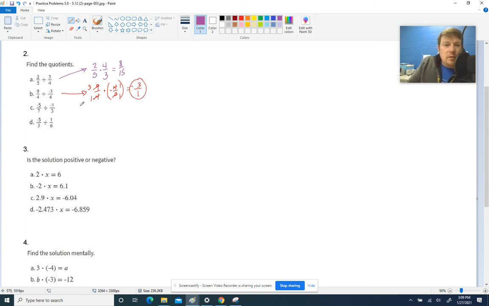The next one that I'm going to do here, kind of give myself some space, I'll come over here. Negative 5 divided by negative 1/3 is the same as multiplying by negative 1/3's reciprocal, and that's going to be negative 3/1. So I flipped it. Negative times a negative is a positive. 5 times 3 is 15, and 7 times 1 is 7. So that's what you get for that one.